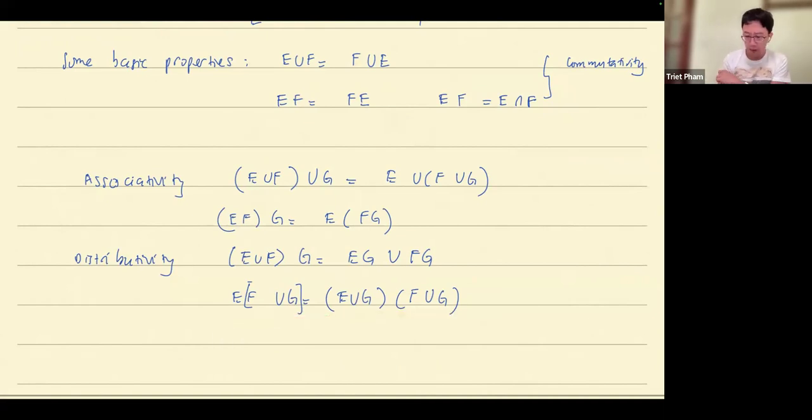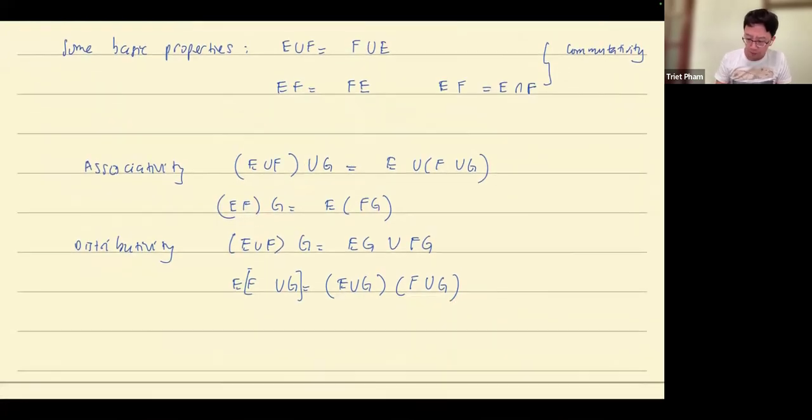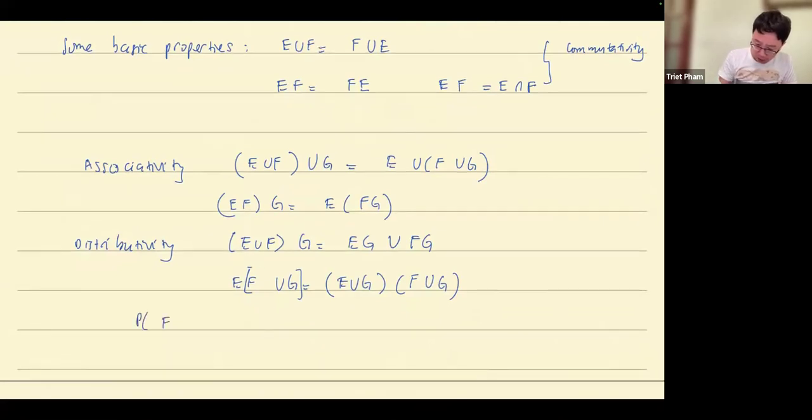All right. So anyway, these are all basic set theory stuff. The reason we care to know this is because, for example, once in a while you might have the probability of E union F intersect G, and you want to calculate that probability.